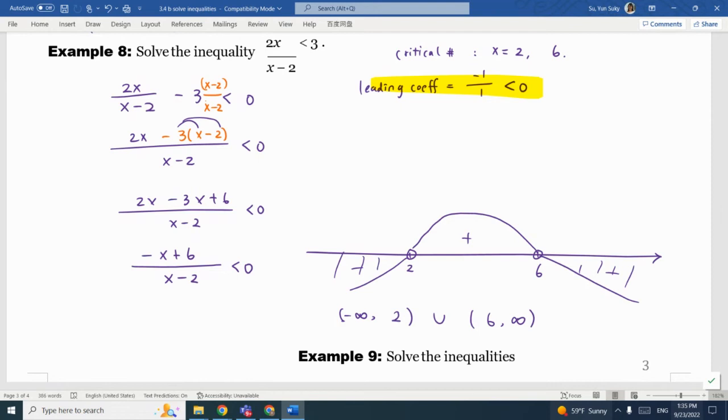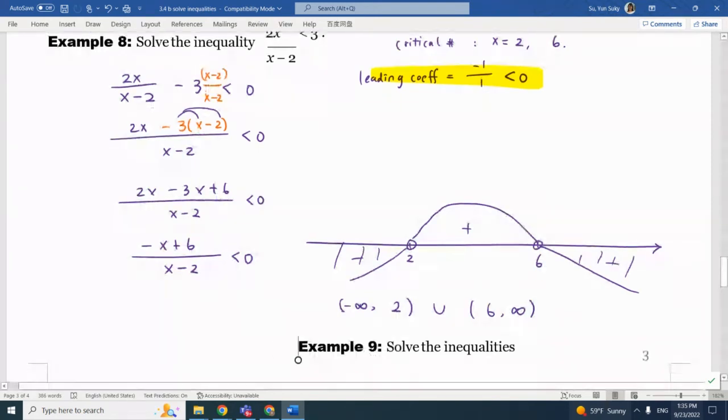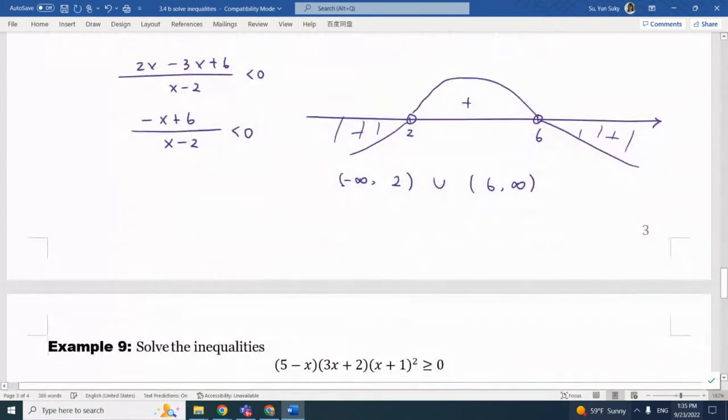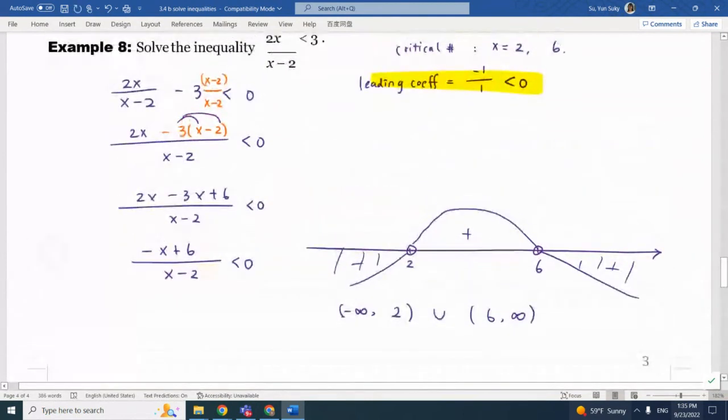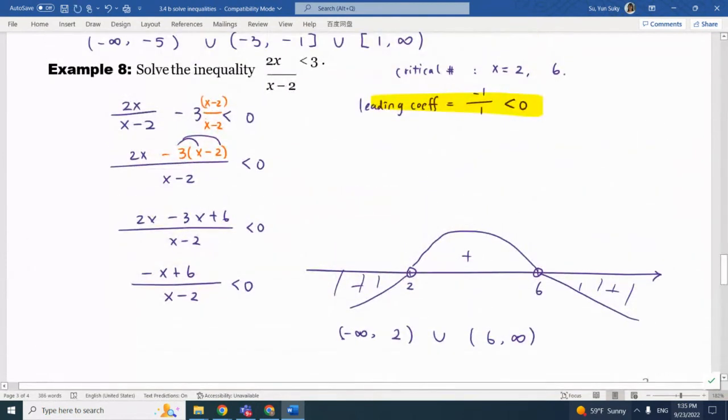So far, so good, everybody? All right. Okay. And also, I want to emphasize, do you remember when you solve an equation, sometimes you multiply both sides by the least common denominator, right? But for inequality, you cannot do that.